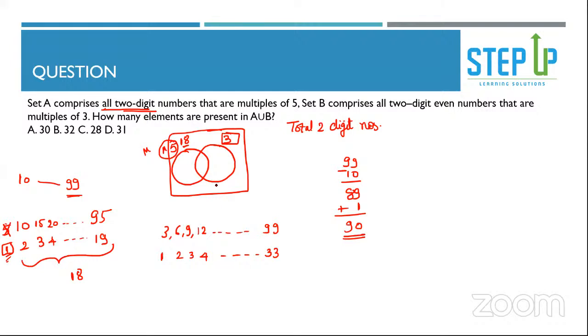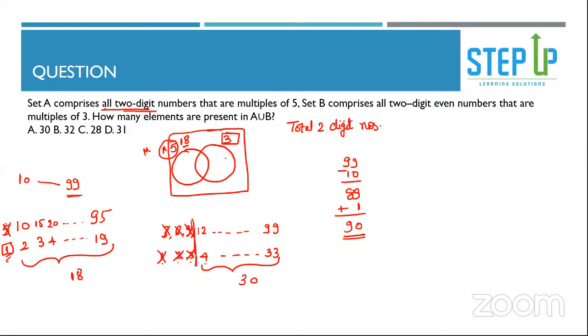Can anyone tell me how many two-digit numbers will be divisible by 3? 30, right. It will be 30. It means that 33 terms, but we don't have to take these 3 terms because these are single-digit numbers. So from here to here, it will be 30 numbers.